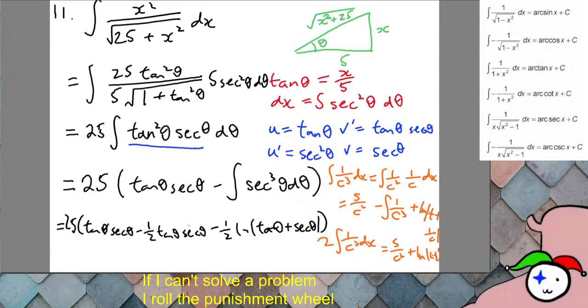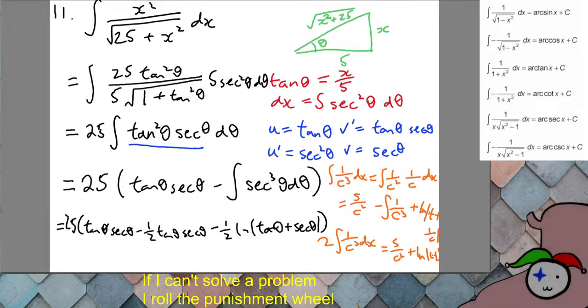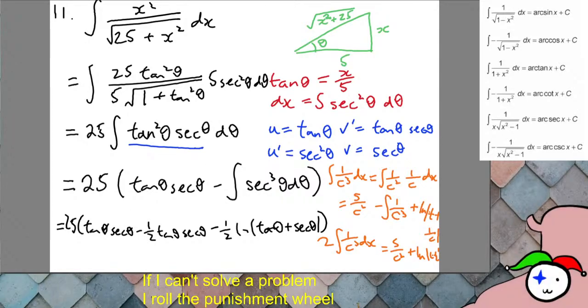Wow. So you can simplify these two terms. Have I got that correct? Yeah, I've gotten that correct. Plus c, which you then have to simplify back to the original term. So tan theta we know from the relation, then secant theta is square root of x squared plus 25 over 5.